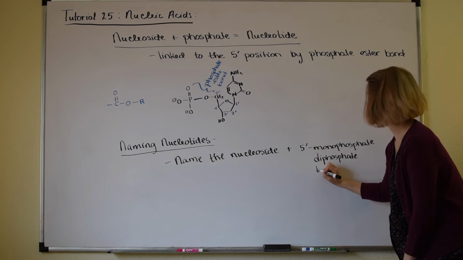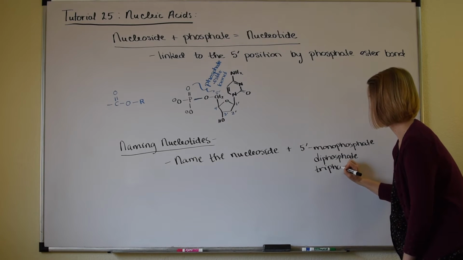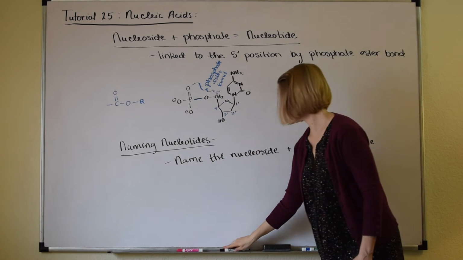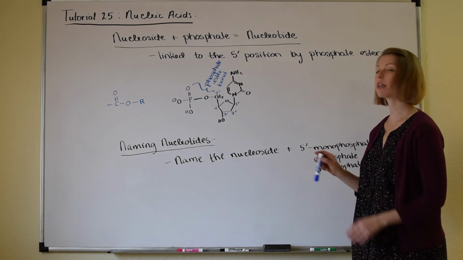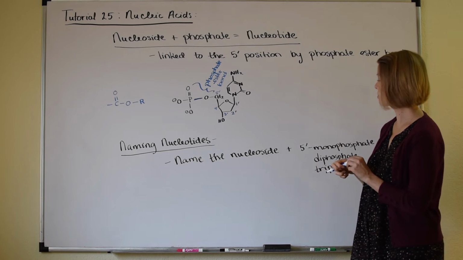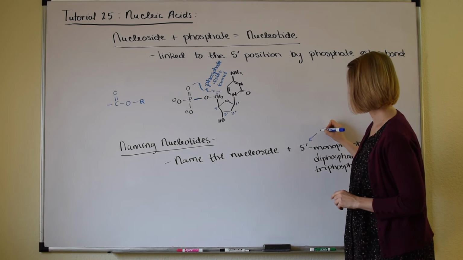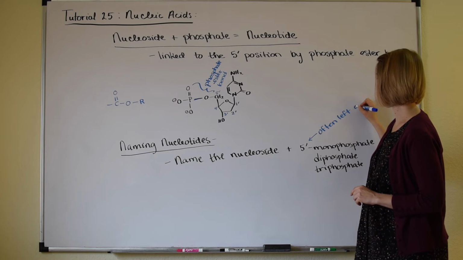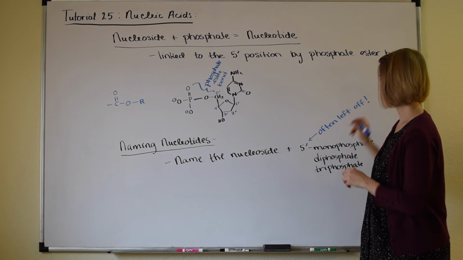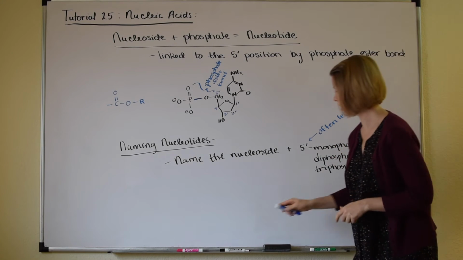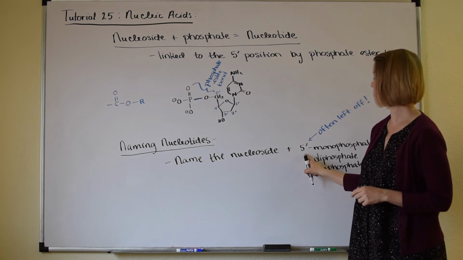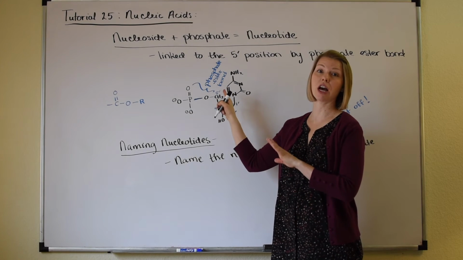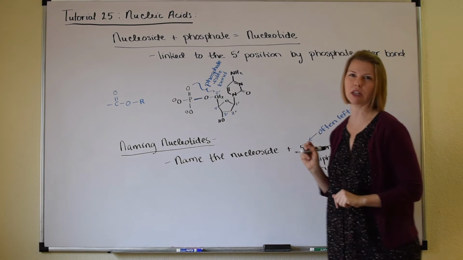And if there's 3, then it is a triphosphate. Now, in truth, a lot of textbooks will leave out the 5'. Okay, so I'm going to make a little note here: often left off. Okay, but in case your textbook shows it, I just wanted you to understand where the 5' is coming from. It's telling you it's off of the 5' position of the sugar ring in the nucleoside.